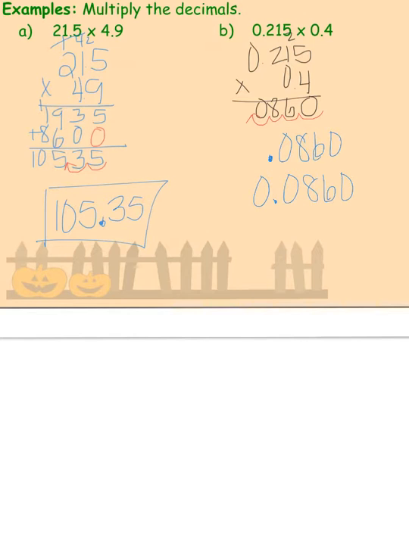Some of you guys might also remember that if there's a 0 at the end, you actually don't have to write it. So your answer could actually be written any of these ways. Most of the time I'll have students write it one of these 2 ways. Does not matter. Okay? It's all on what you're used to and what you're comfortable with, but as long as the decimal point's in the right spot, that's perfectly fine with me.